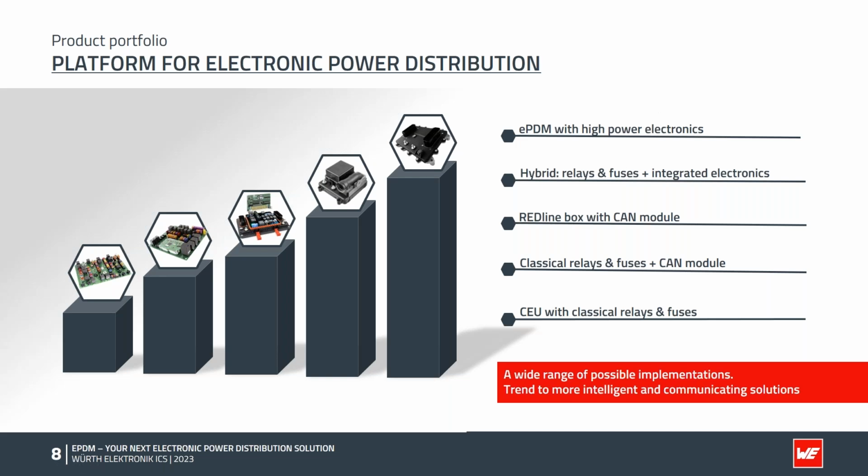Then we have a hybrid solution, combining electronics and electromechanical power distribution within our 8FR6 using our medium box. And this leads us to our topic today, our electronic power distribution solution, the ePDM, a full electronic device providing logic processing, communication, and high power outputs to our customers.